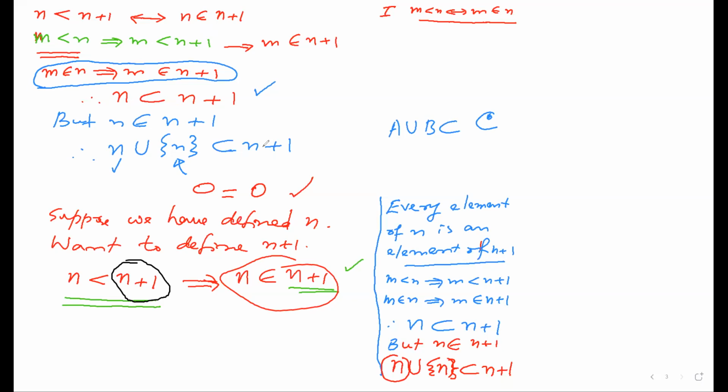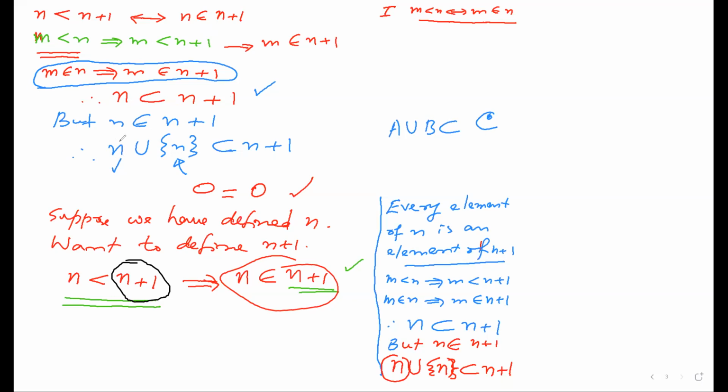Do you all understand what Swasti said? Every element of this is an element of N plus 1. That comes from this step. If M is an element of N, then M is an element of N plus 1. So this is true. Swasti is right.